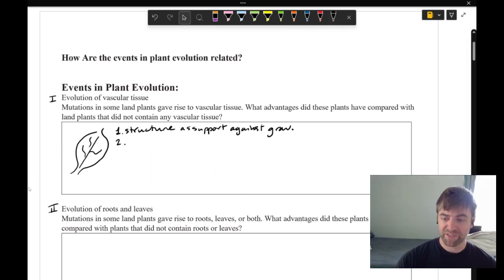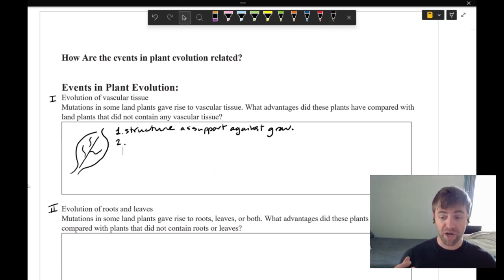As a result of this additional support, plants could grow taller. When space was limited, that could be a real advantage as well. You're not in competition with the other plants that are taking up all of that ground cover, which gives you more access to better sunlight.